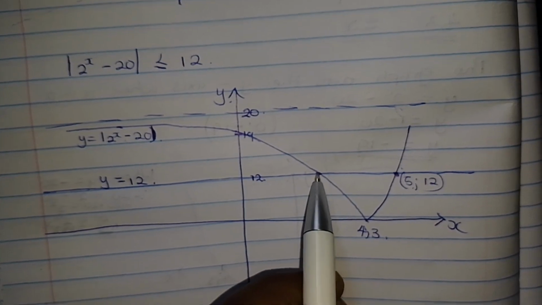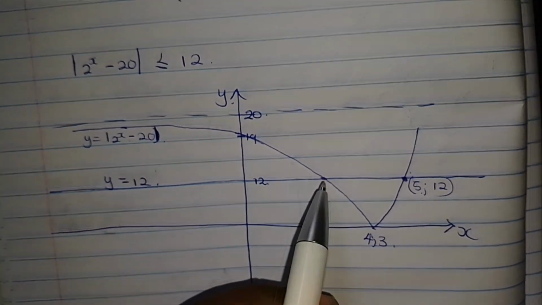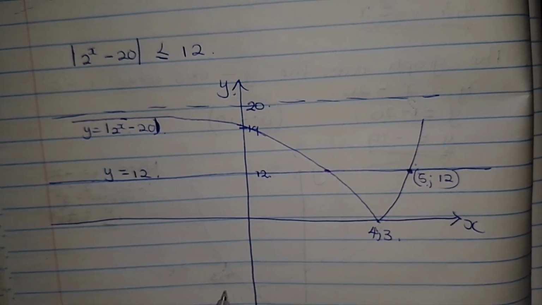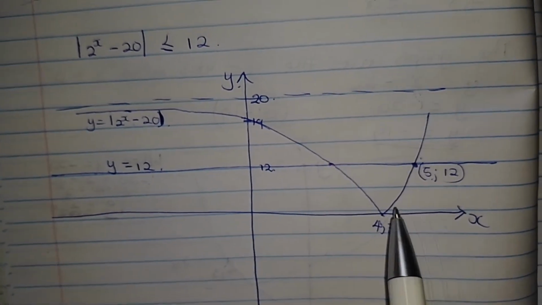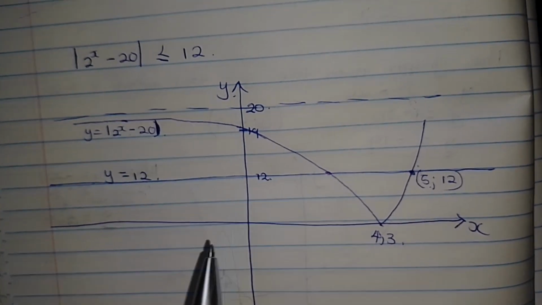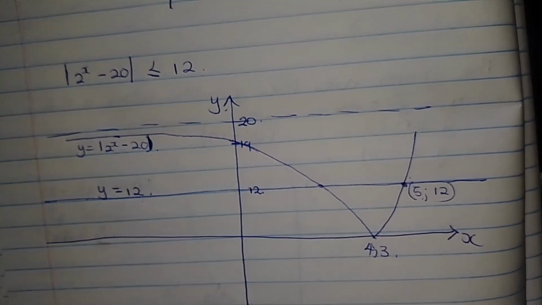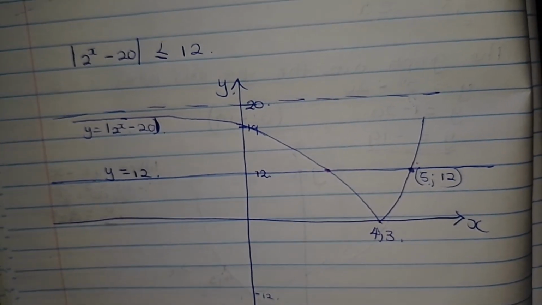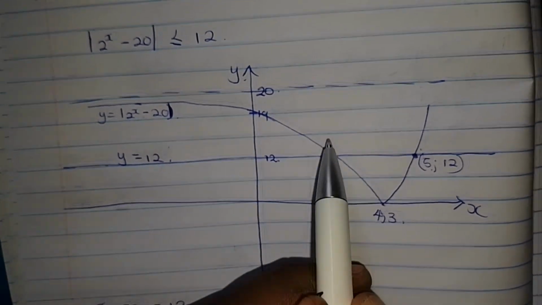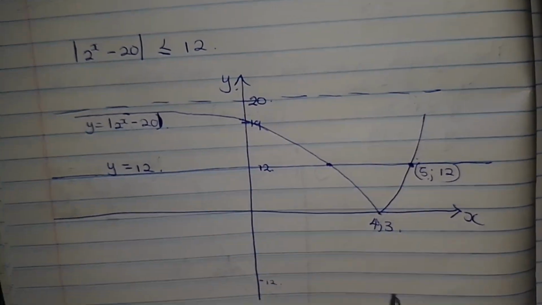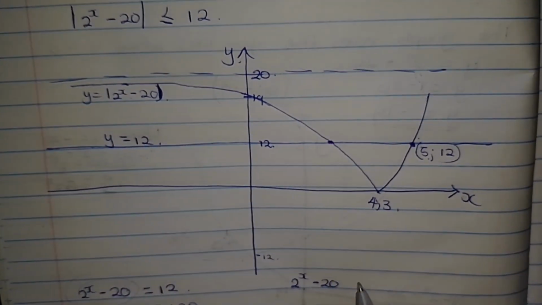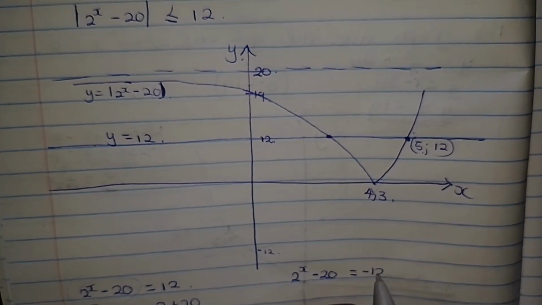And this point, we find this point when our graph was below the x-axis. When our graph was on the negative side, this should have been negative 12. So when this graph intersects with negative 12, that's when we find our coordinate there. So 2 to the power of x minus 20 should be equal to negative 12.